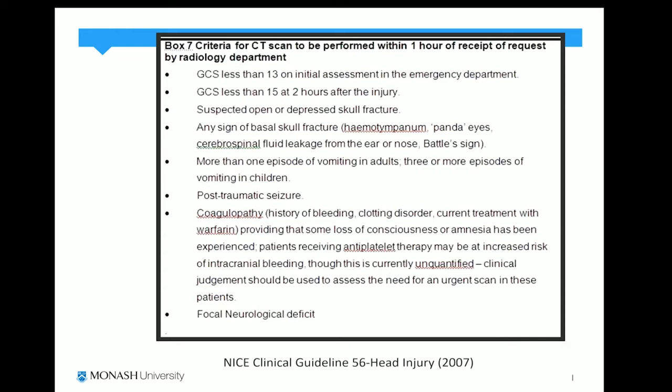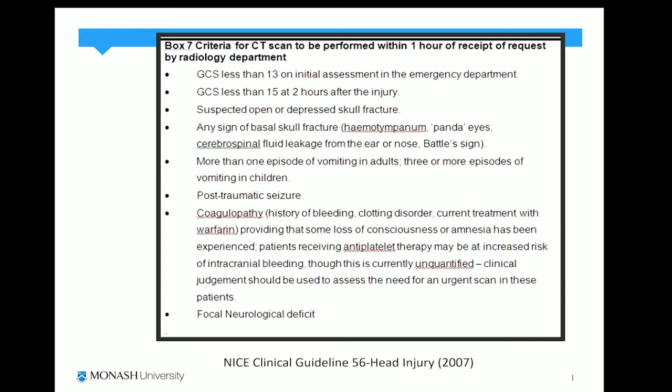If a patient has more than one episode of vomiting in adults or 3 or more episodes of vomiting in children, and if any patient has a seizure after head trauma, then also bleeding disorders.